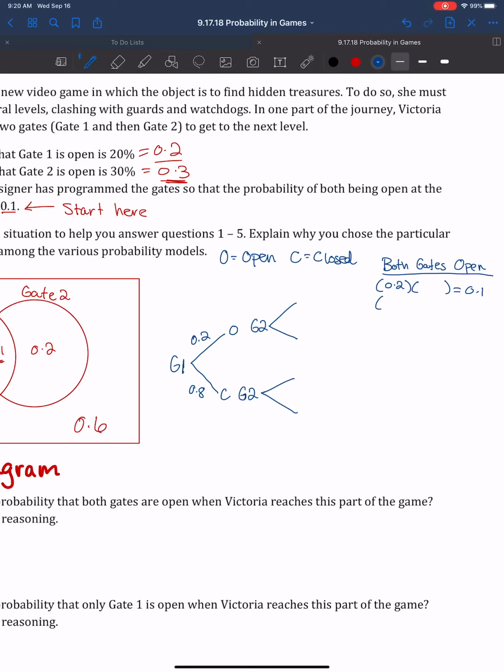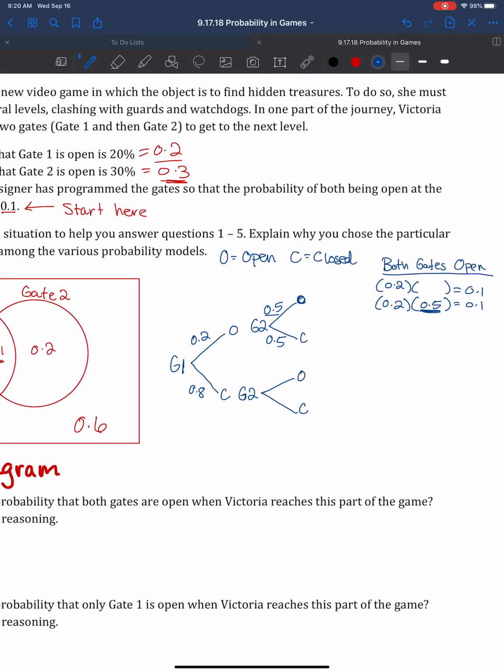Well, if we divide 0.1 by 0.2, we'll know that 0.2 times 0.5 is equal to 0.1. So the probability of gate 2 being open after gate 1 is open is 0.5. And since this is 0.5, the remainder goes here, which is also 0.5.